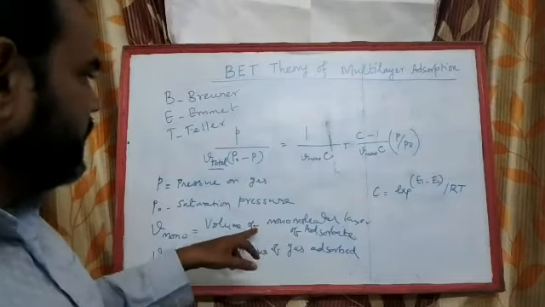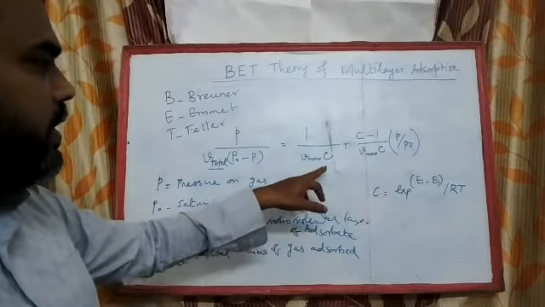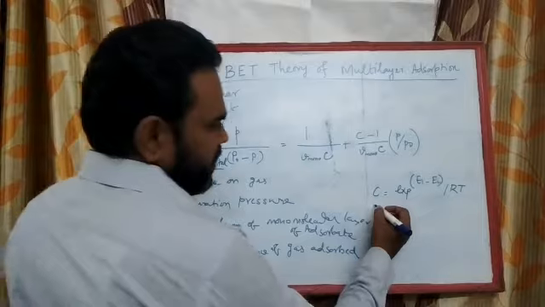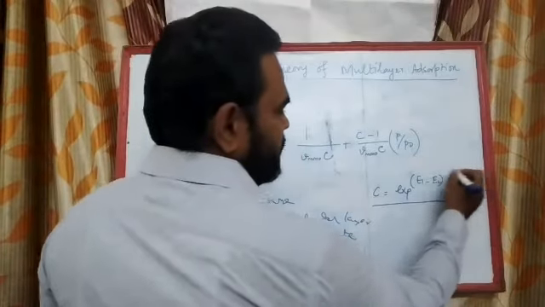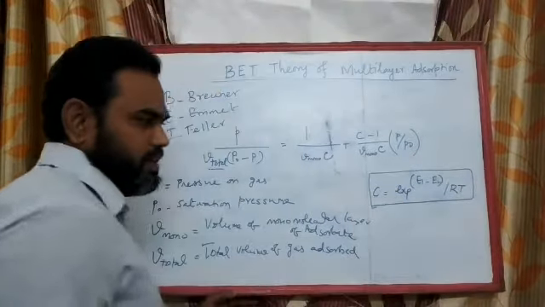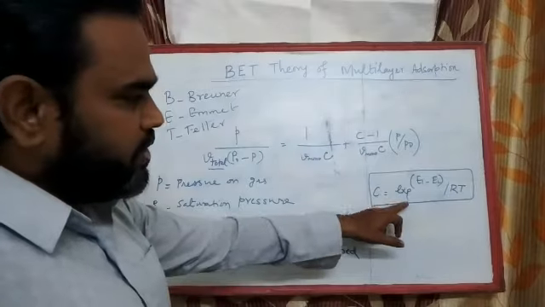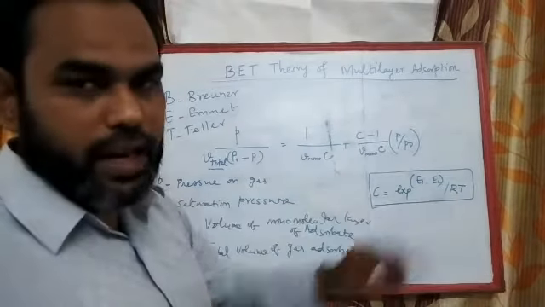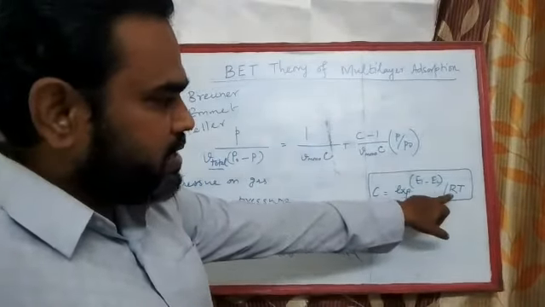Okay. Then the other term left is C. C is a constant which is derived from this equation. C is exponential E1 minus EL by RT. R is the gas constant.